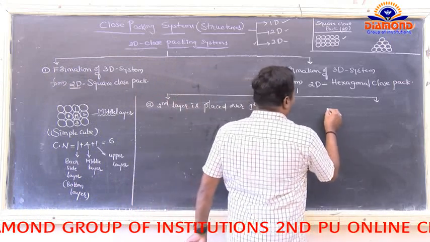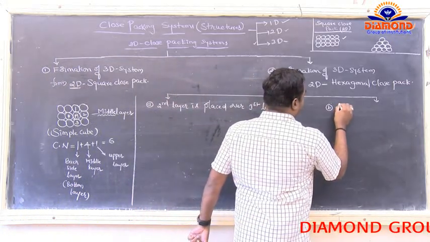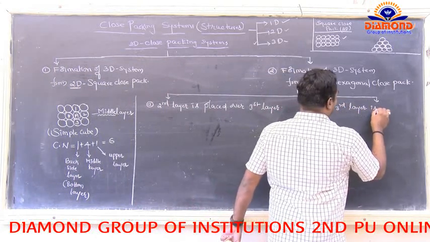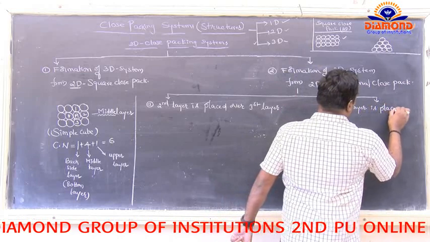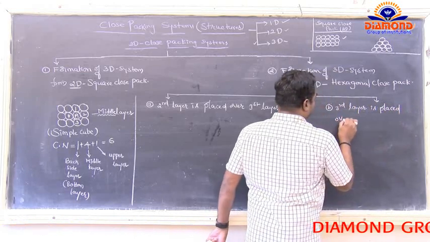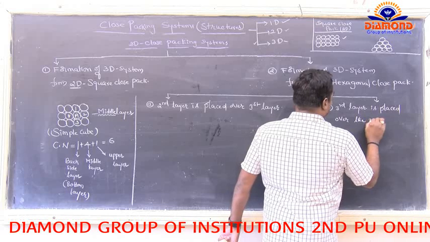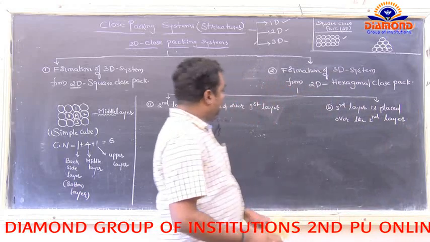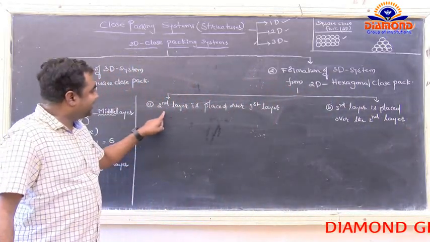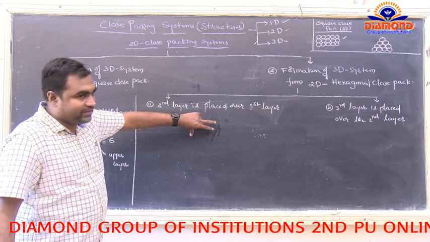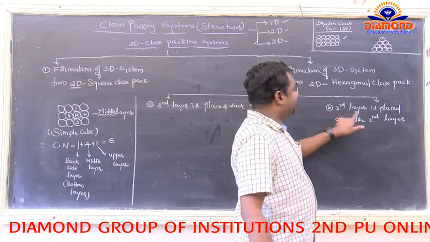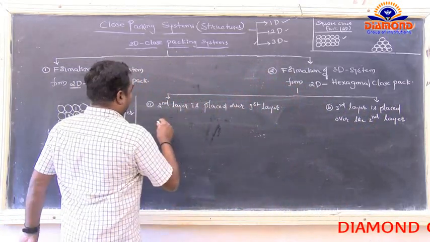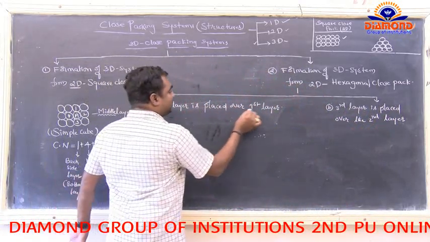Next is the second one. The third layer is placed over the second layer. So first layer के ऊपर second layer रख के समझो हमको this type of arrangements आना, and third layer के ऊपर second layer रख के और type से इसमें again the second layer is placed over the first layer.